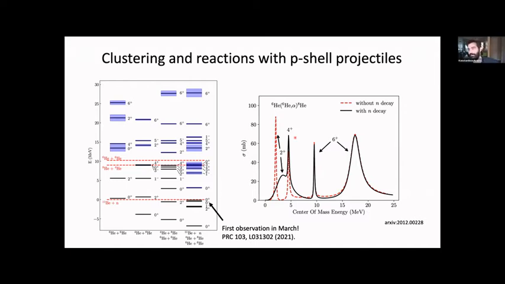I completely agree. Actually, to me, it's the biggest negative in this calculation, because the threshold opens around here. So it is definitely something that should be included when it comes down to making a full quantitative calculation and comparison with experiment.